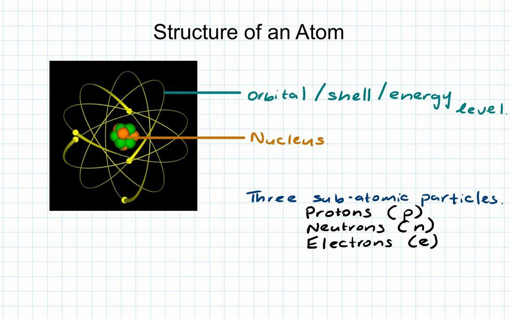It gives you a clue that the nucleus is composed of two different types of subatomic particles. So what are these two subatomic particles that the nucleus is composed of? The nucleus is composed of protons and neutrons. The remaining subatomic particle, the electrons, will occupy the orbitals.